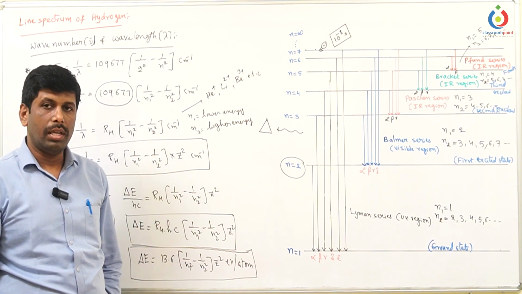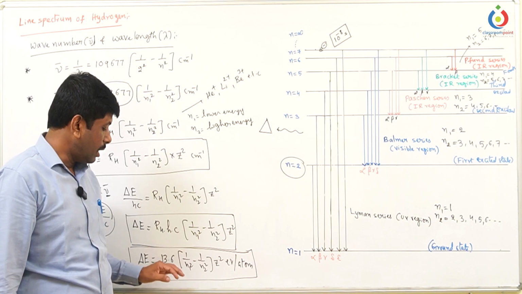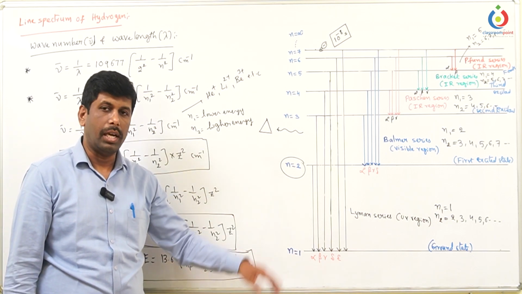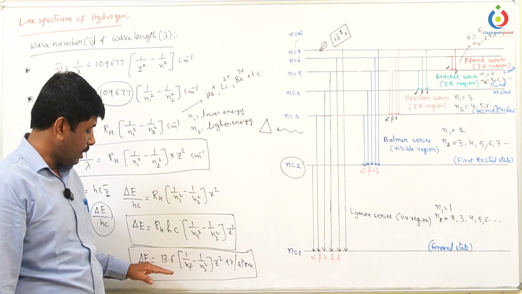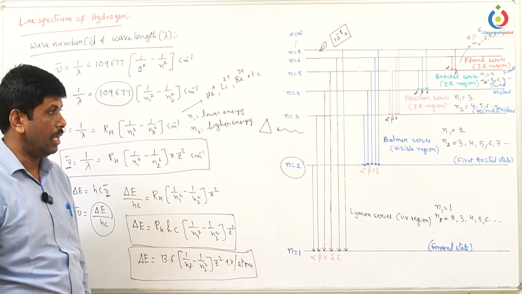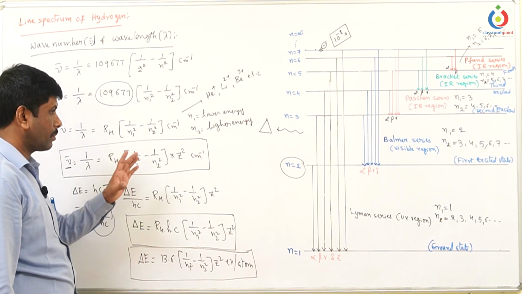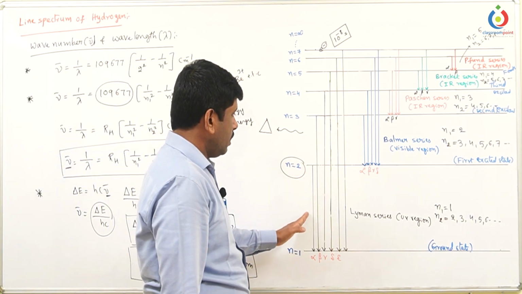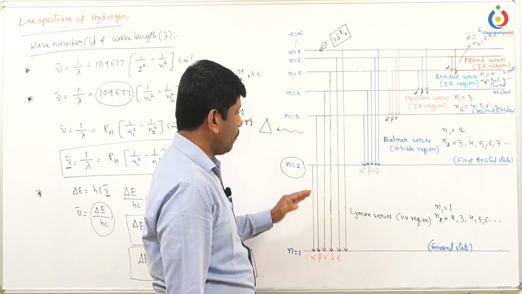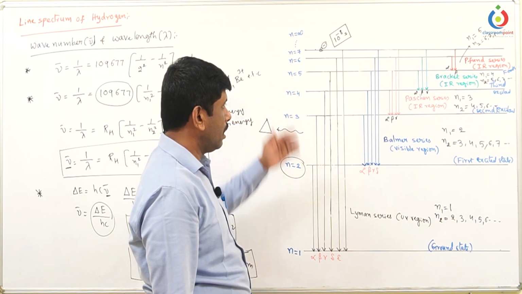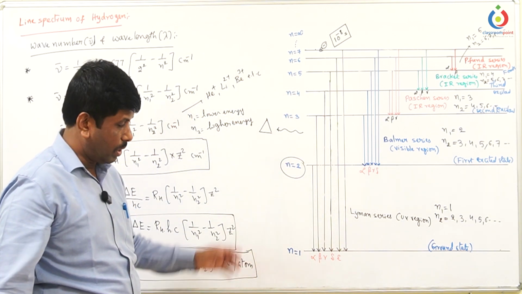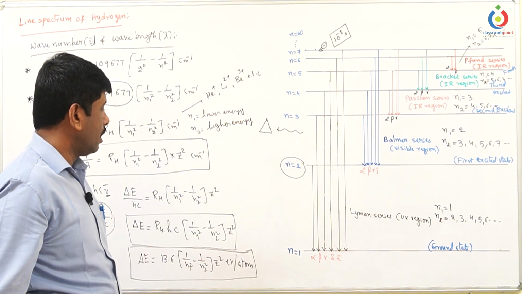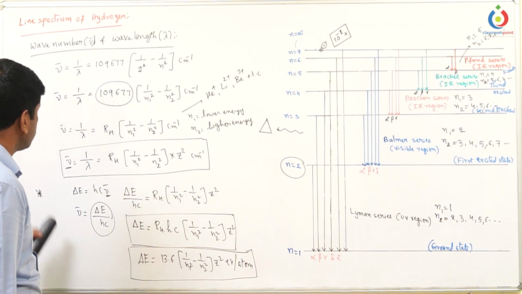That is what is called the ionization energy. The energy required to remove the electron from the hydrogen atom is called the ionization energy, that is 13.6 electron volt per atom. Now let us compare the wavelengths as well as the energies of one series of spectral lines with another series of spectral lines.